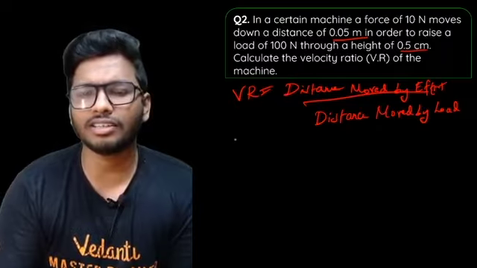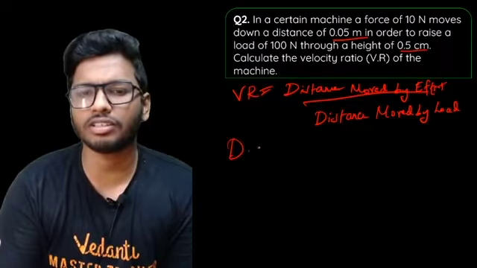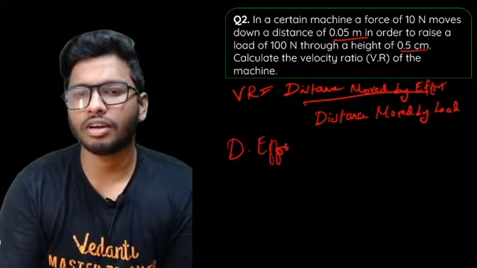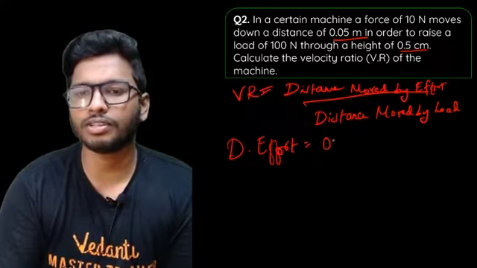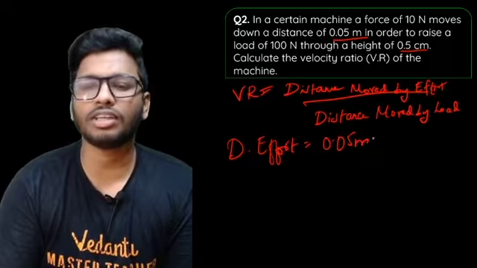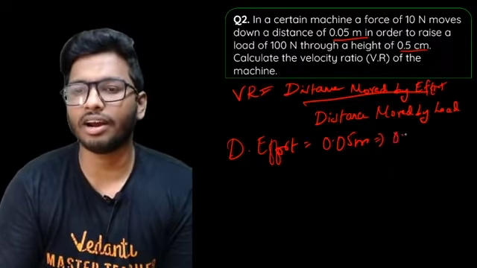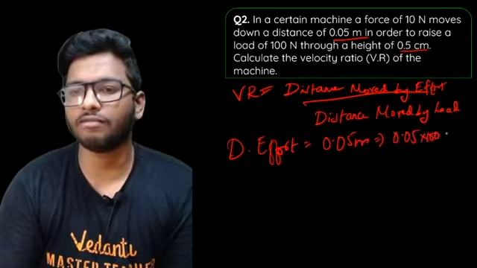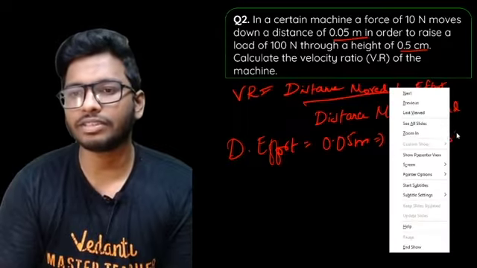So the distance moved by effort is equal to 0.05 meters. Convert that to centimeters, multiplying by 100, that will give me 5 centimeters.